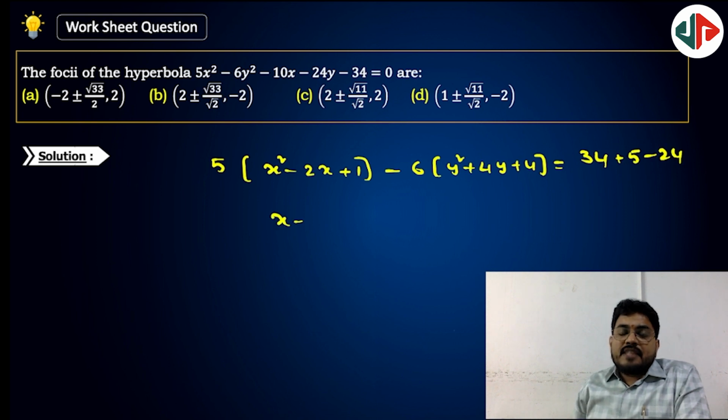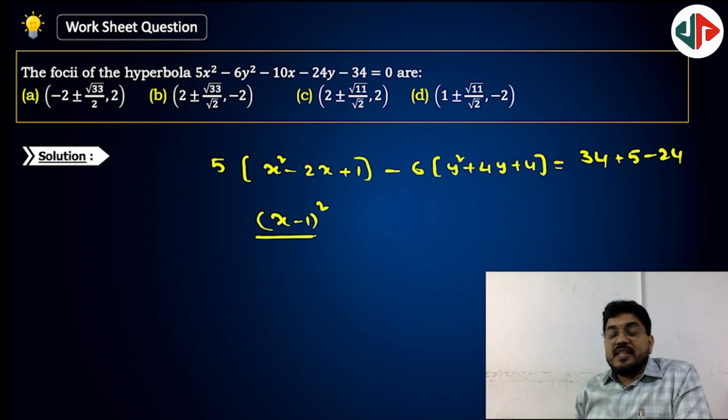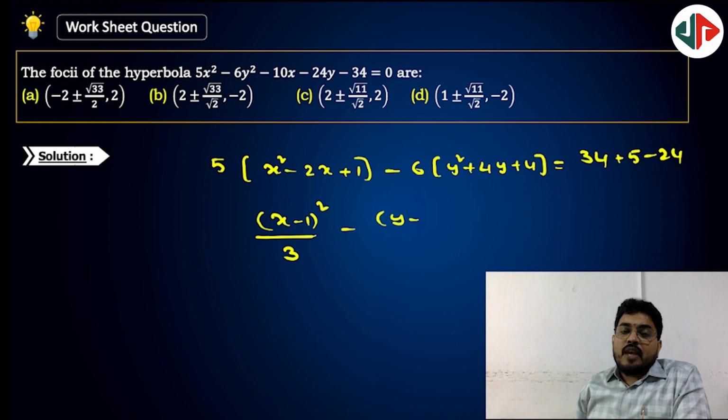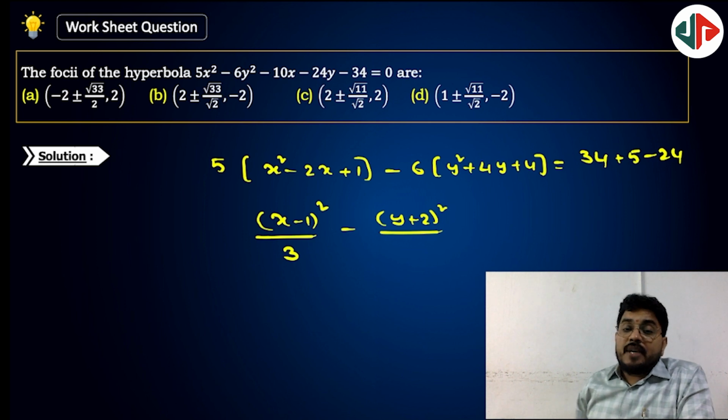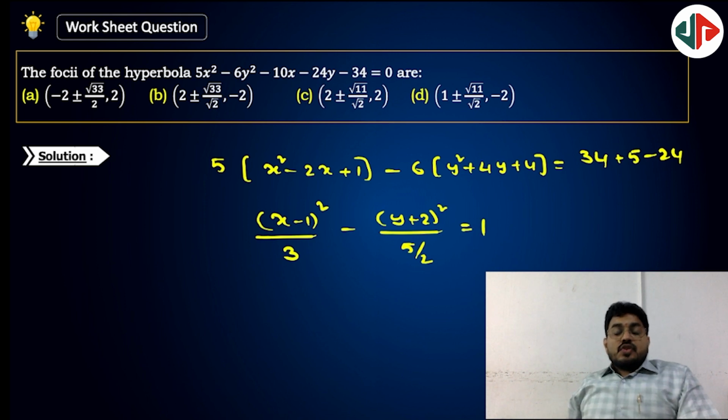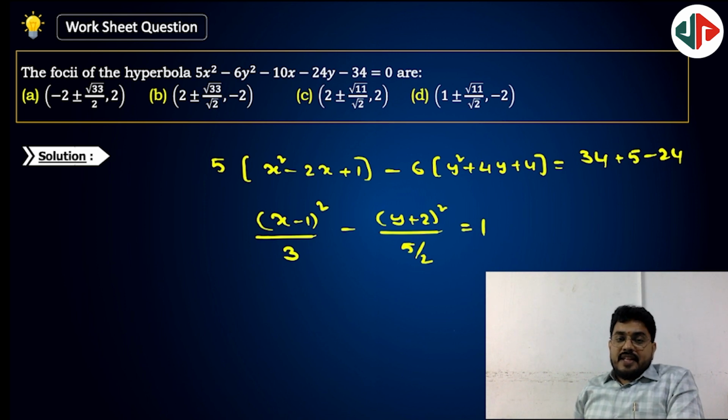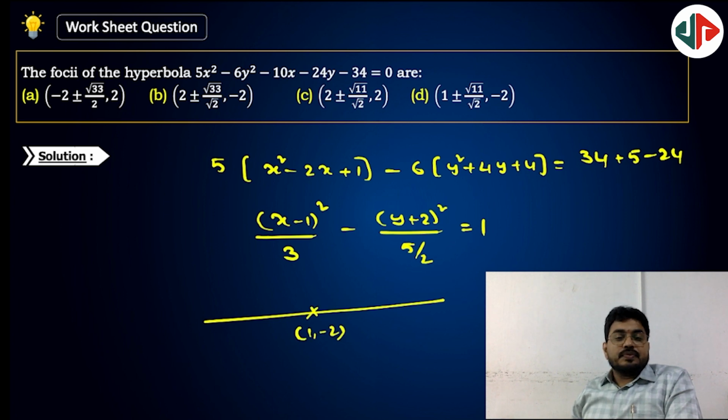So this is x minus 1 whole square by, this value is 15, so by 3, minus y plus 2 whole square by, here what is the value? 15 by 6, that is 5 by 2, is equal to 1. So the center is (1, minus 2).